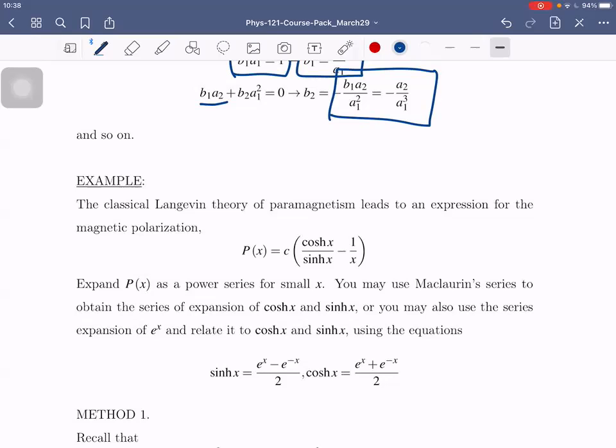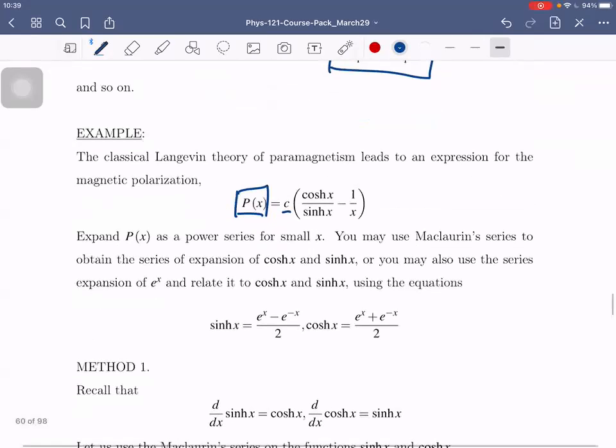So for the magnetic polarization, so polarization is defined by P. Well, let's say along some dimension, let's say X. So it has this expression, quantity, constant C times hyperbolic cosine of X over hyperbolic sine of X minus 1 over X. So we can expand this function, P of X, as a power series for small x. We can use Maclaurin series expansion.